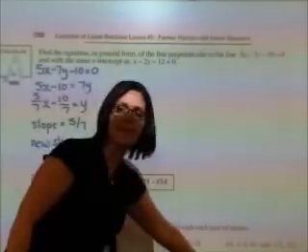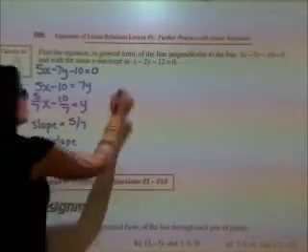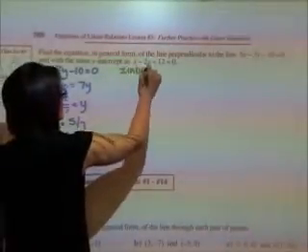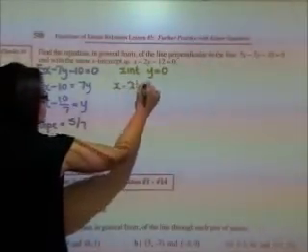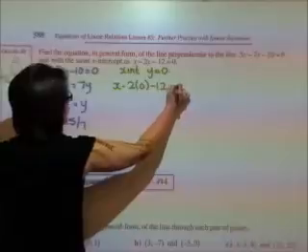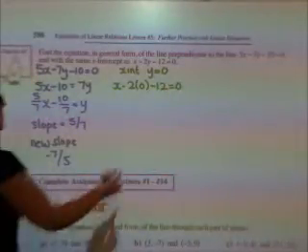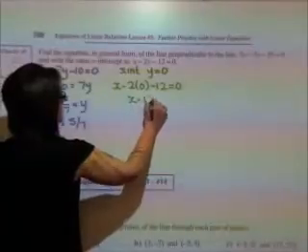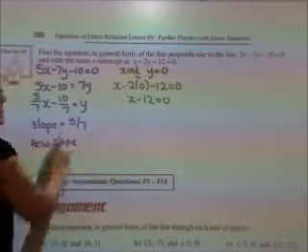So how do I find the x-intercept? Let y be equal to 0. So I get x minus 2 times 0 minus 12. What's 2 times 0? 0. So I'm going to get x minus 12 equals 0 because all of this will disappear, including that negative.